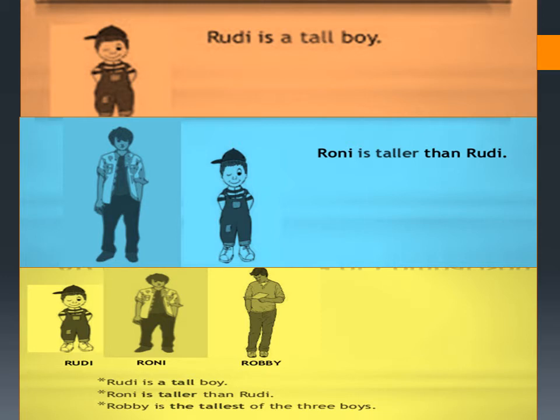In the next picture, children, you can see two people, Ronnie and Rudy. The sentence given over here is Ronnie is taller than Rudy. That means here we are comparing the heights of two persons, one is Ronnie and the other is Rudy.